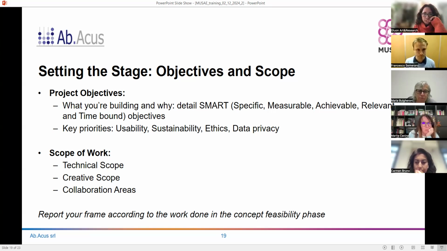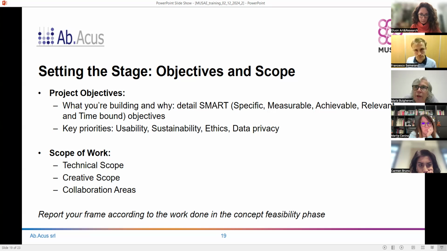You are now in the phase where you can start drafting a work plan, because you should have chosen your concept and you are ready to make it a prototype. When you start to draft a work plan, first of all, you need to set the stage. That is to define concrete objectives and their scope.